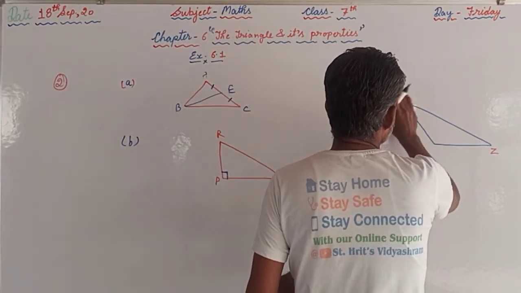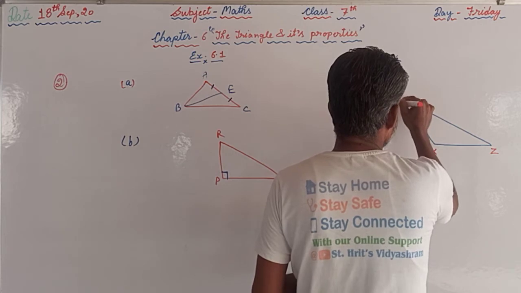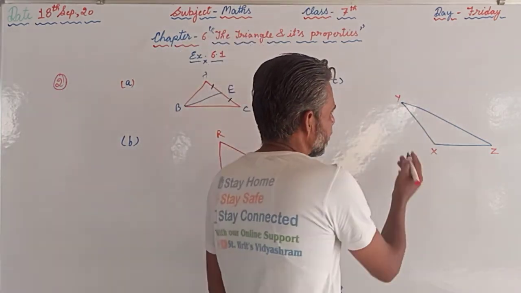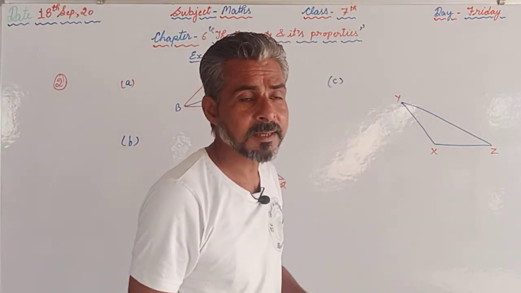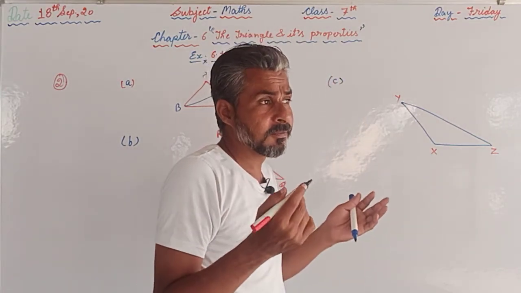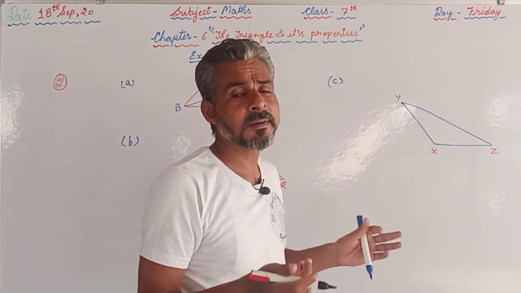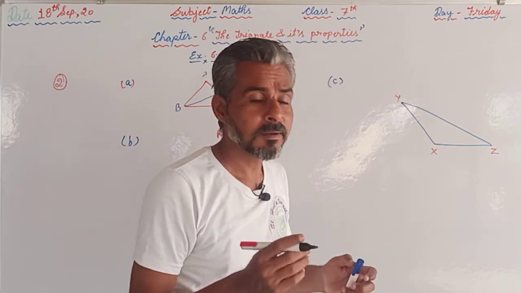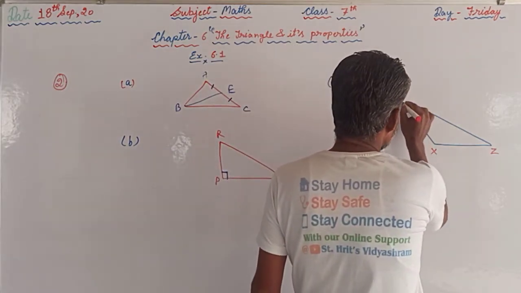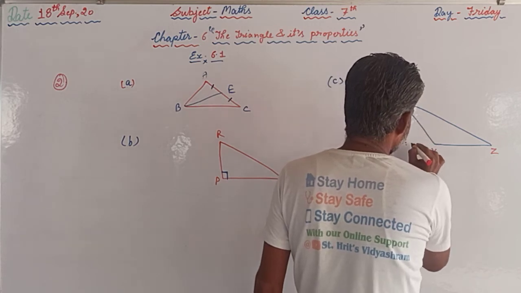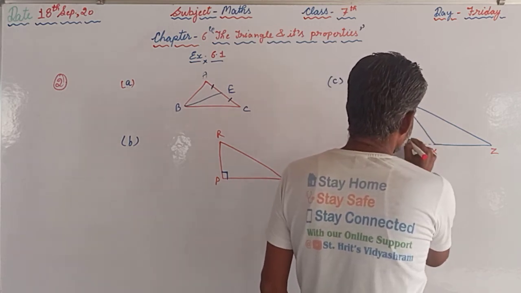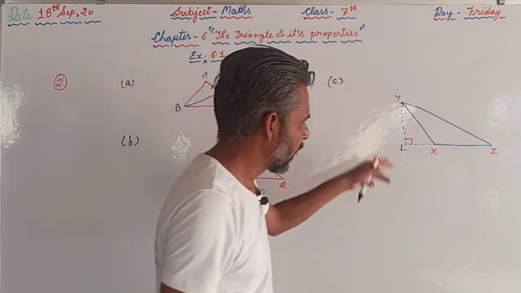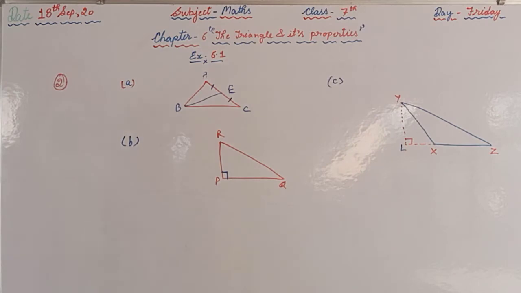So we can start from here. XYZ is a triangle. Now YL is an altitude in the exterior, and yesterday we discussed that if the altitude is in the exterior of the triangle, then the triangle must be an obtuse angle triangle. So here the altitude will be in the exterior of the triangle, and that is YL. Here YL is the altitude.